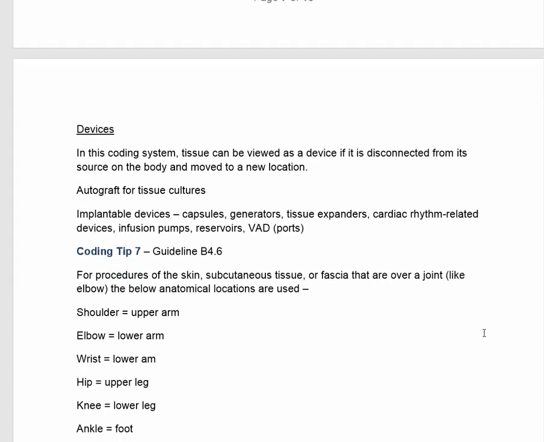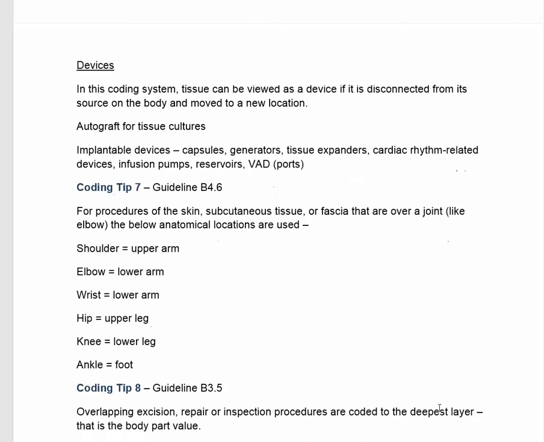Coding tip number 7 here is guideline B4.6. If a patient is having some work done on the skin or the subcutaneous or the fascial level of their body, but it's over a joint, let's say they have a lesion of the wrist, they give you direction on body part values, basically.